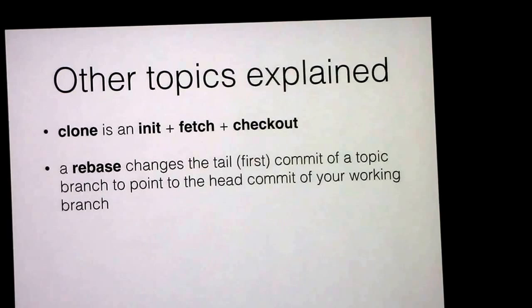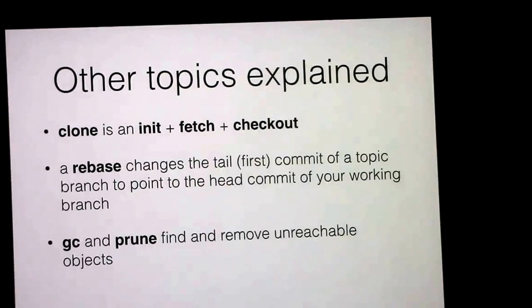So if you were on this branch here, and you have this second branch up here, if you were to rebase this one onto this one, it takes this and moves it to the end of your main history and points its parent to the last commit, or the most recent commit on the branch. So that's a rebase.